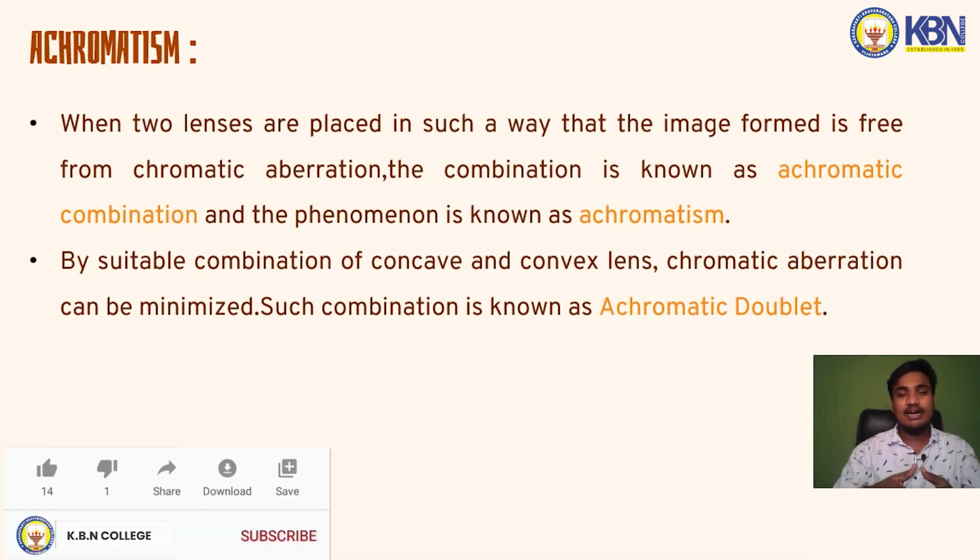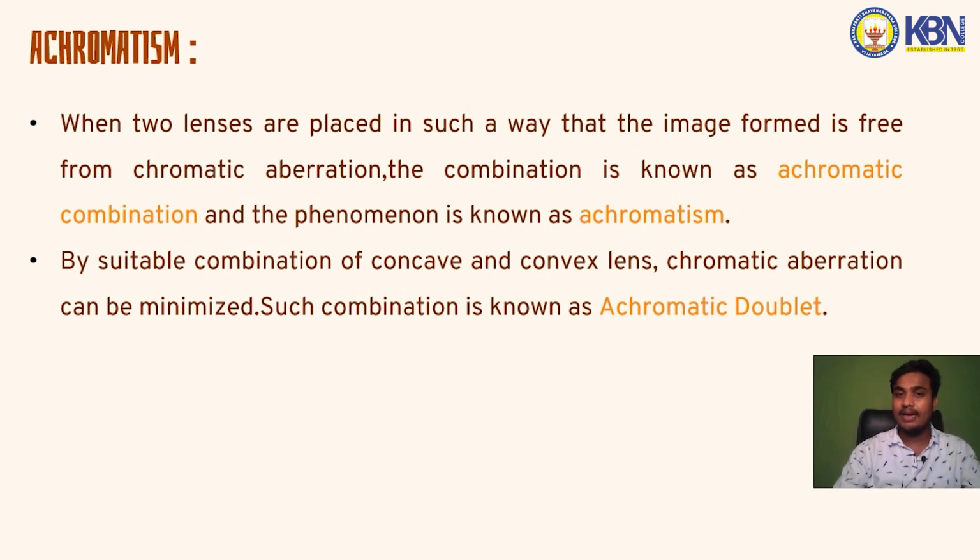The chromatic aberration due to a concave lens is positive and that due to a convex lens is negative, which are opposite. By a suitable combination of concave and convex lenses, chromatic aberration can be minimized. Such a combination is known as the achromatic doublet.